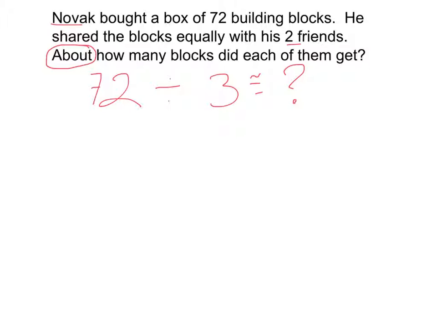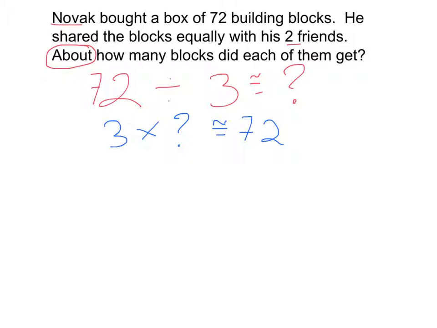Now that we've understood the problem, we need to move on to how to find the estimate. We use multiplication and how it's related to division to figure out the estimation. If we flip this around, 3 times what gets us close to 72?